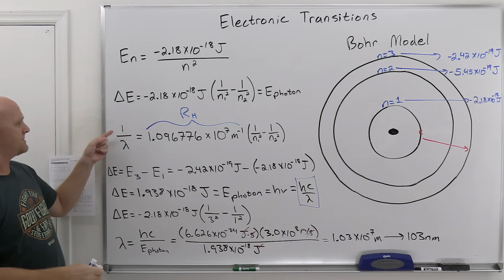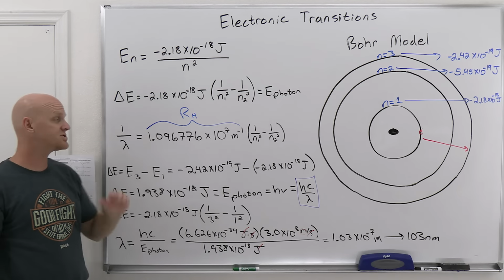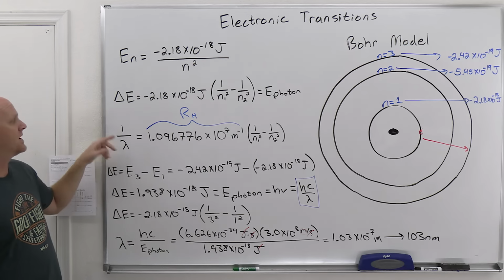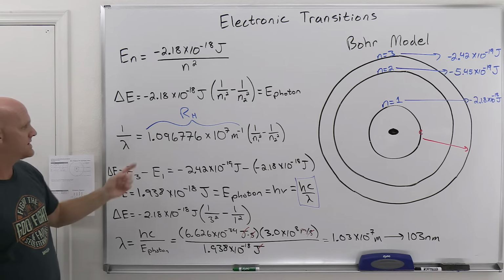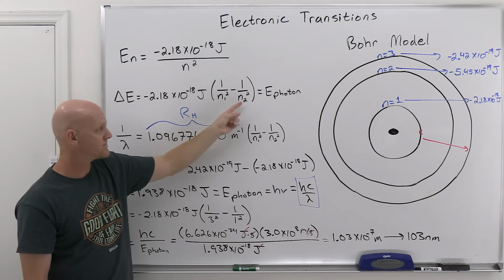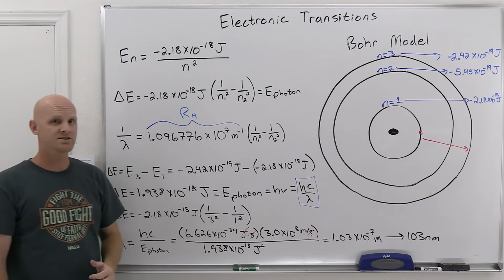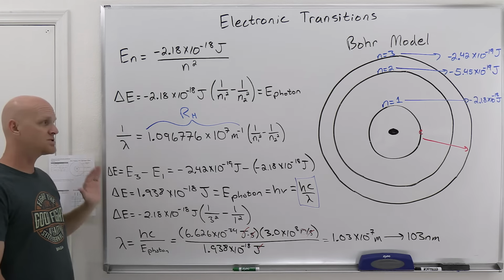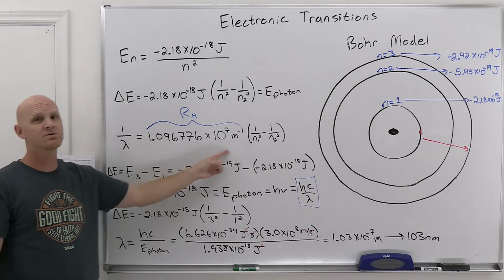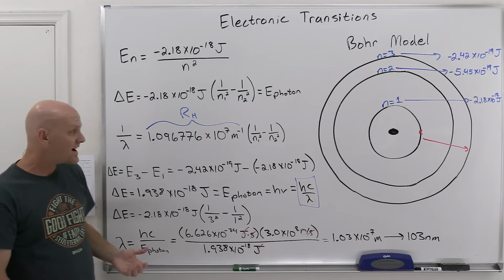He figured out that, instead of worrying about the energy or frequency of photons, for the wavelength alone, 1 over lambda is equal to his Rydberg constant times this same difference: 1 over n1 squared minus 1 over n2 squared. So he kind of simplified the process. If all you want is the wavelength, you can go straight through this one equation, the Rydberg equation. So that's kind of the deal there.